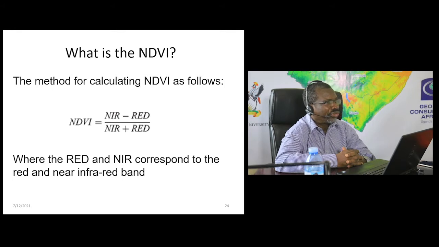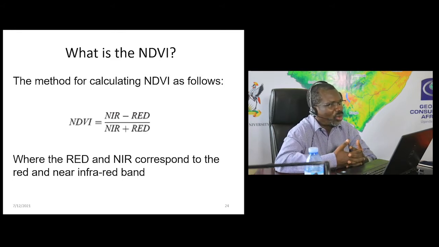This fraction ranges between -1 and 1. And we know the higher the value of the NDVI, the more it indicates the presence of vegetation.